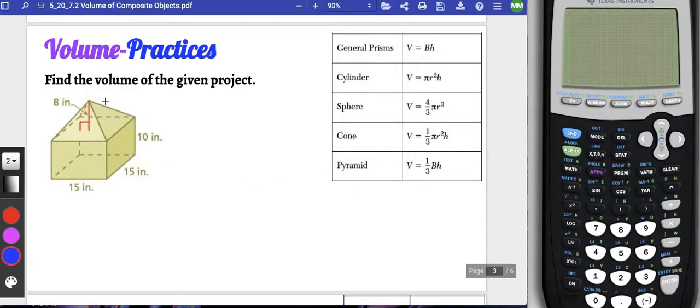So for the first example, we have a project here. Before we check the measurements, let's quickly check what the parts of this object are. If you really look at the bottom part, we see this is a rectangular prism, right? So the bottom part is like a box. However, the top part is a little bit different from the example we just saw.